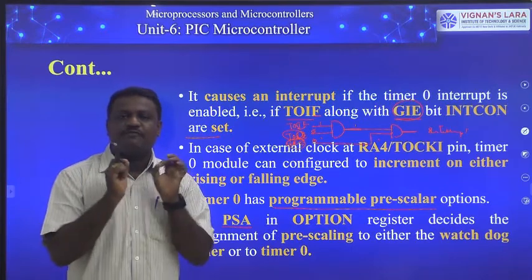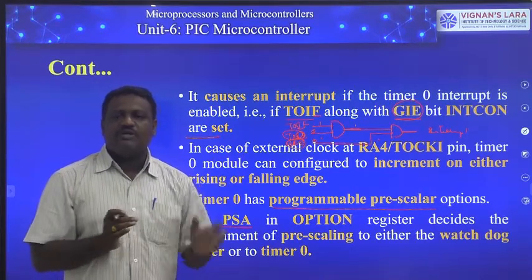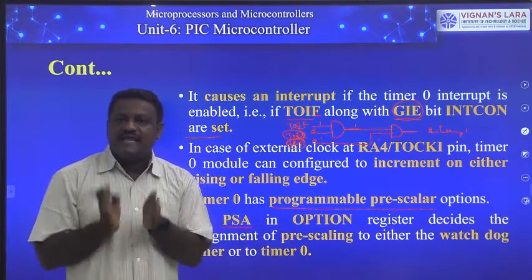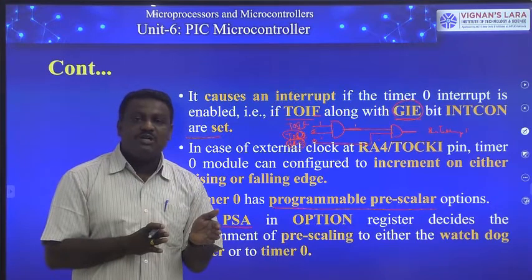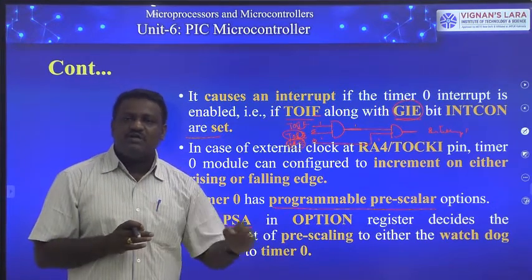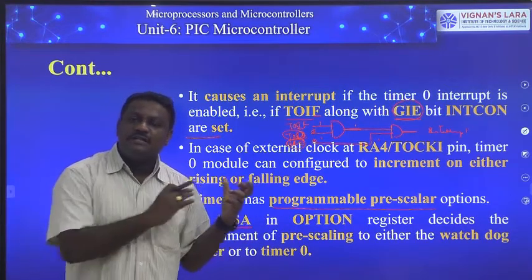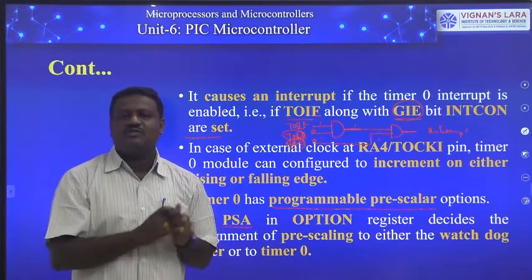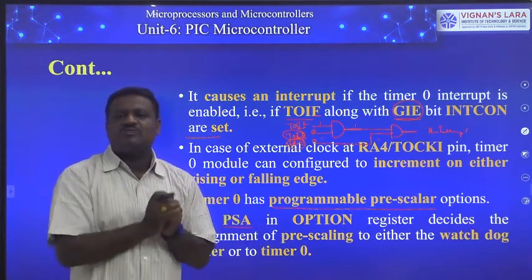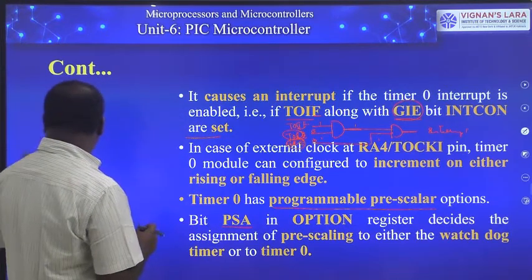With the help of the PSA prescaler assignment bit, first I decide whether I am going to assign the prescaling to the Watchdog timer WDT or to timer 0. The prescaling is done with the help of the remaining bits in the least significant nibble of the option register: PS2, PS1, and PS0. That I am going to discuss next.